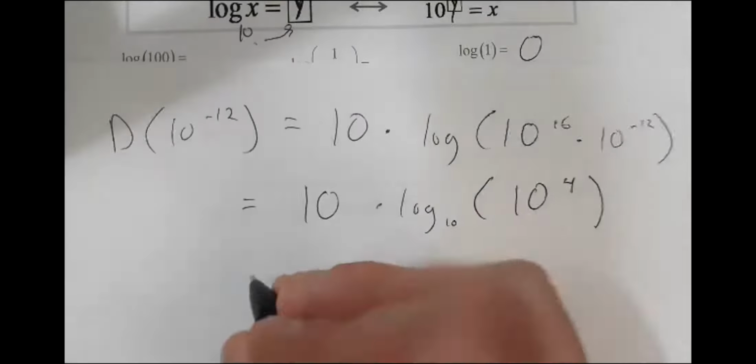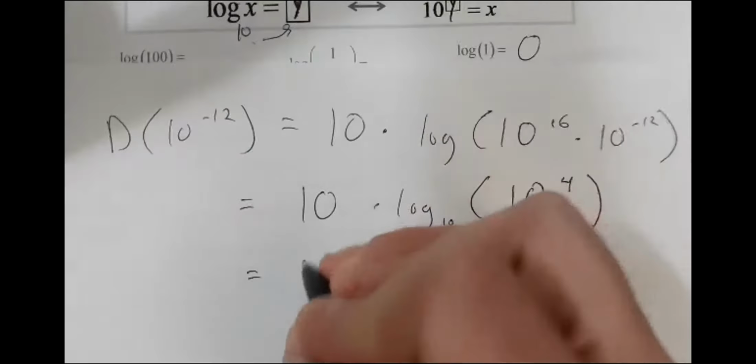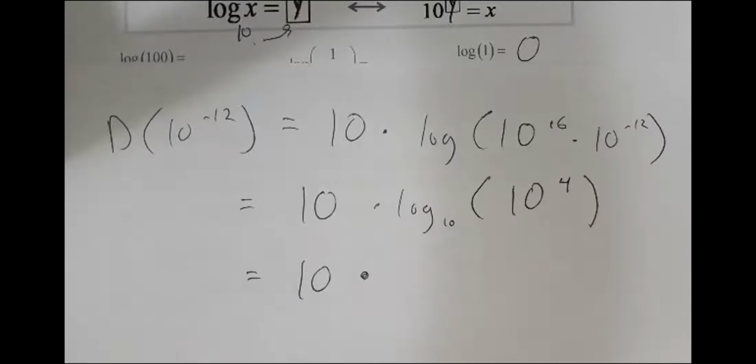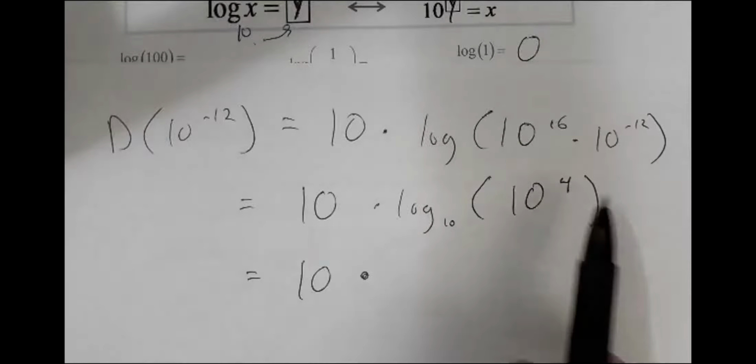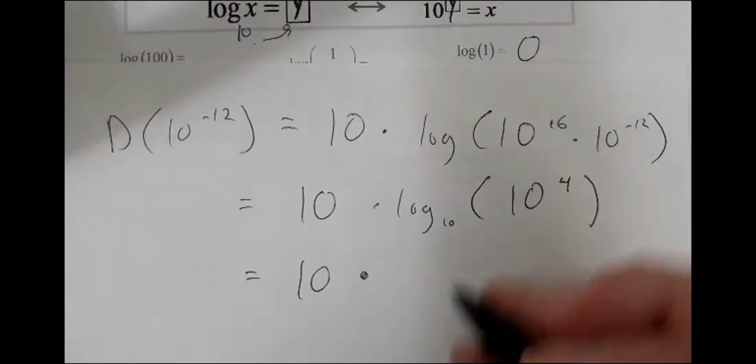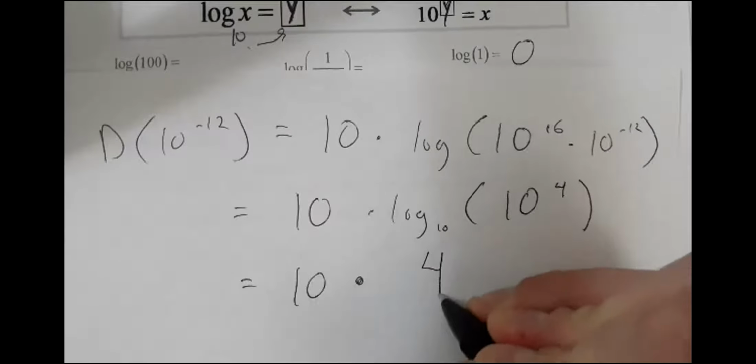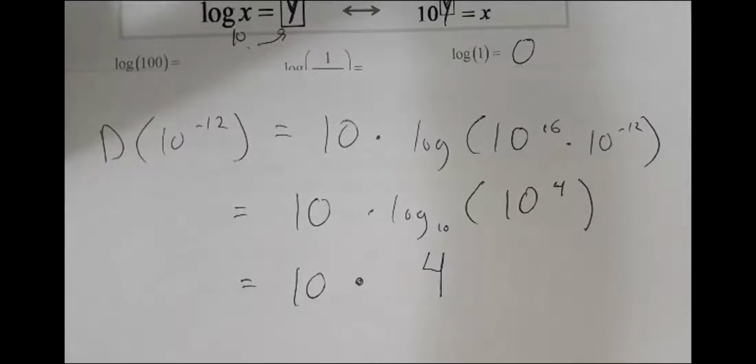So if I'm looking at this thing, 10 to the what power is going to give me 10 to the 4th? This should be giving me 4 out of this thing. So if I do log base 10 of 10 to the 4th, it should be giving me 4.